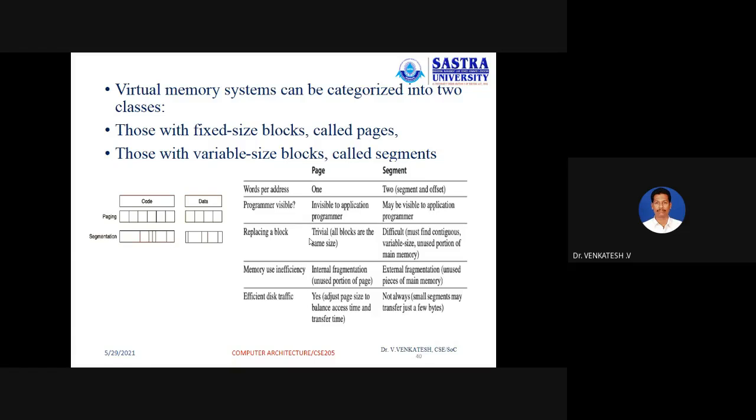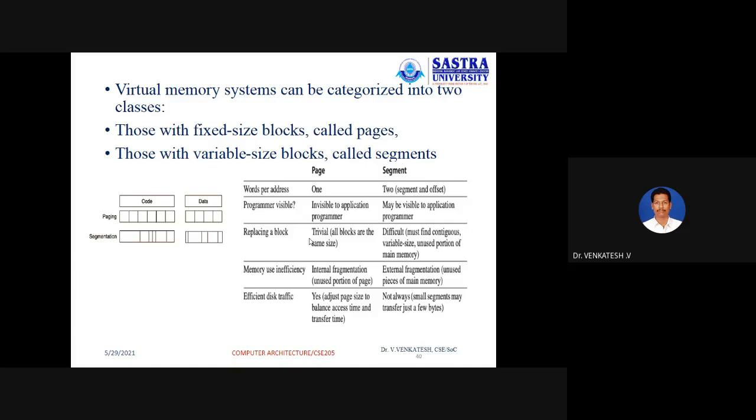Next, memory use: internal fragmentation and external fragmentation. What is internal fragmentation? For example, if we have a 4K page size and you have used only 1K, the remaining portion is wasted inside the page. That is called internal fragmentation.